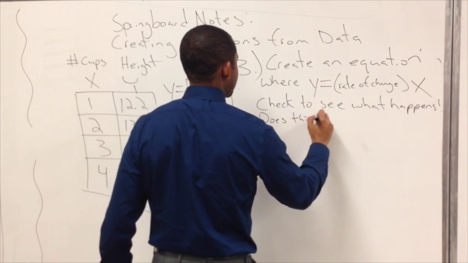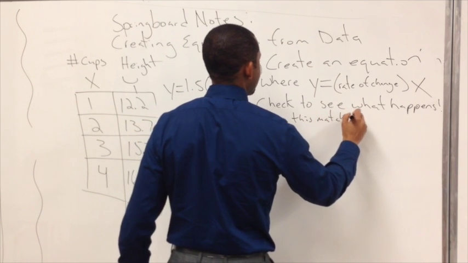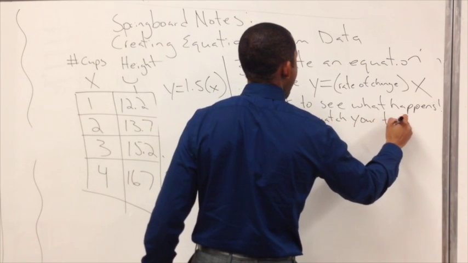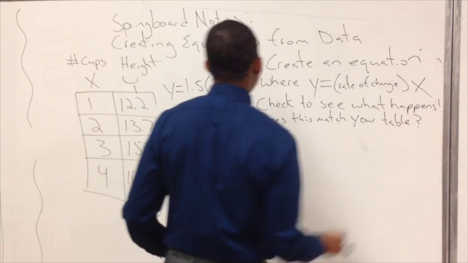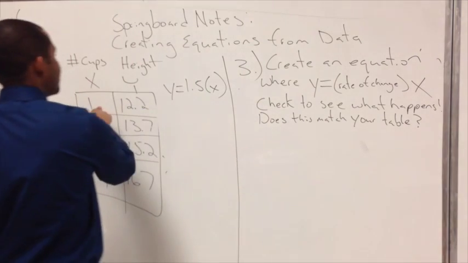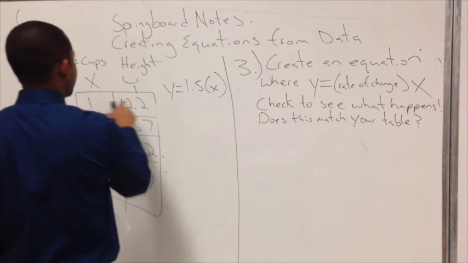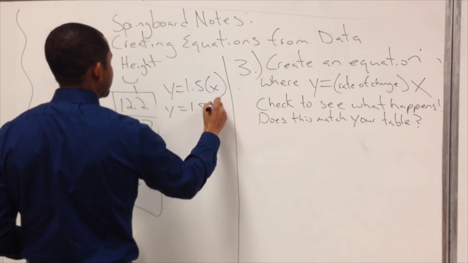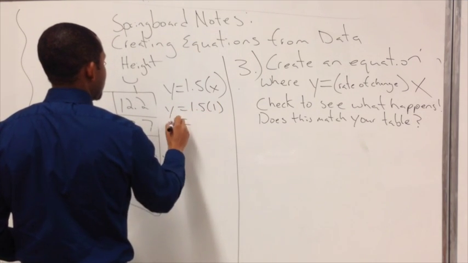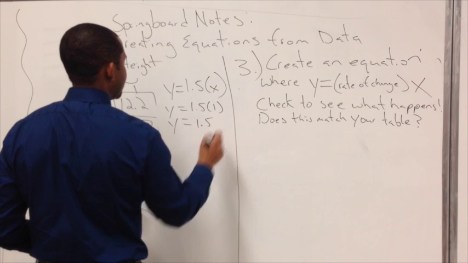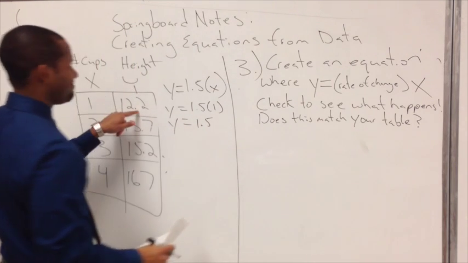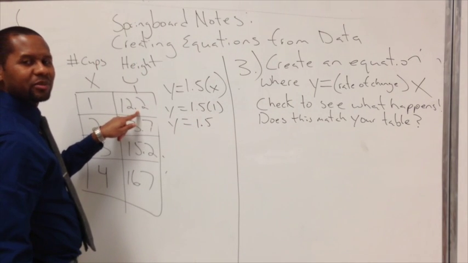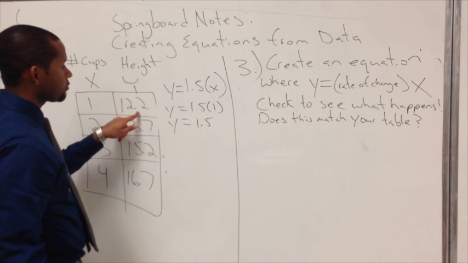Does this match your table? Okay? So let me check to see what happens. Let me plug in. I'm going to plug in 1 for x, so y equals 1.5 times 1. So y should equal 1.5. Is this true? No. Y is supposed to equal 12.2.